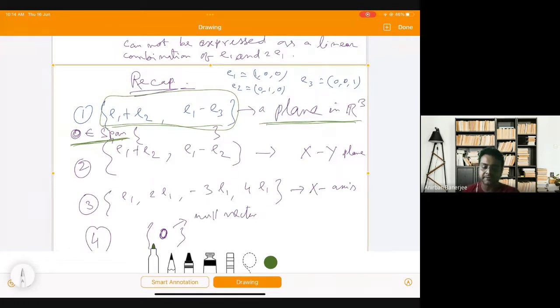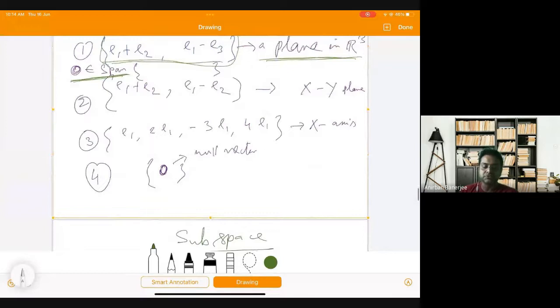Similarly, example 2, what we discussed. If I say that this is set S, then the span of S, we have seen that is the xy plane.